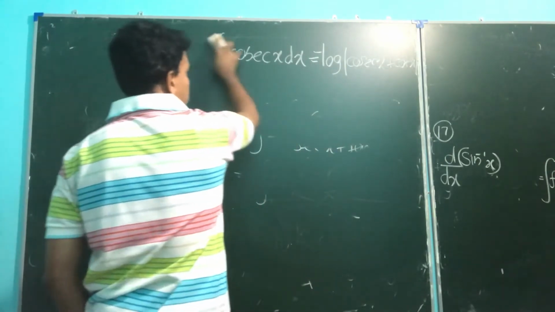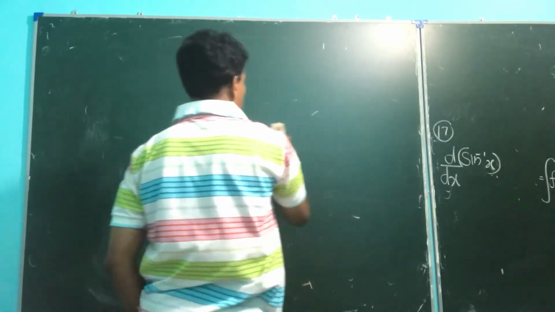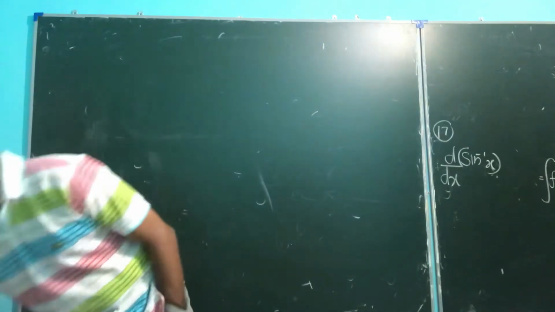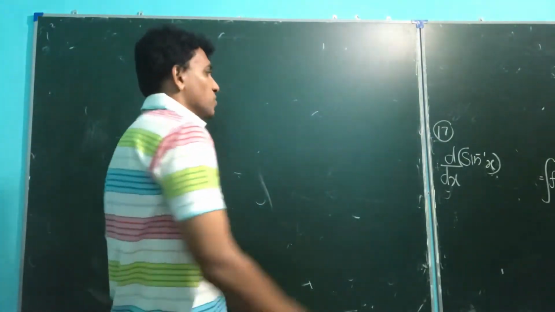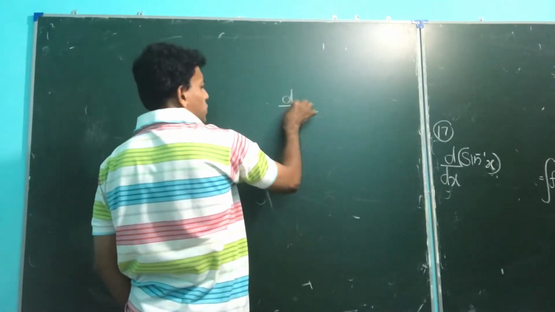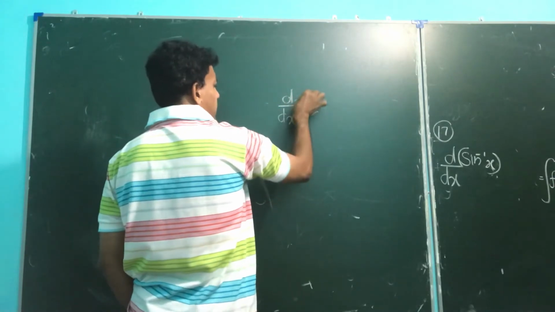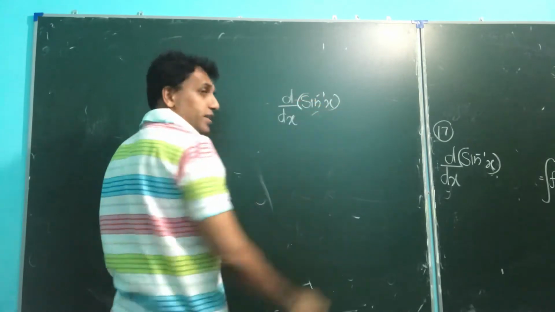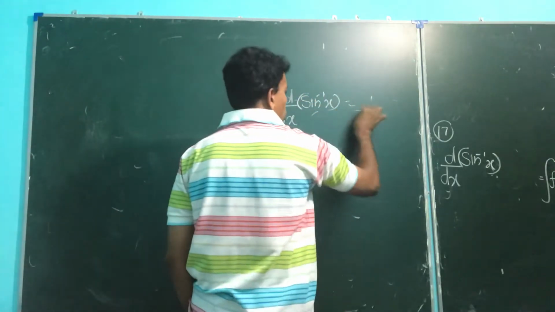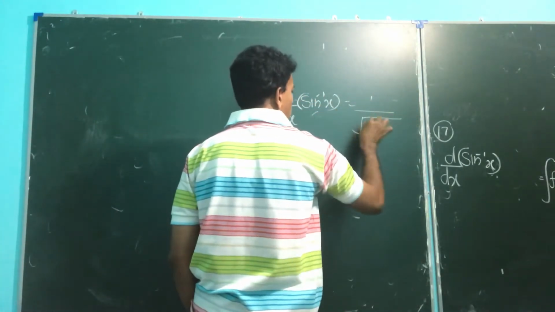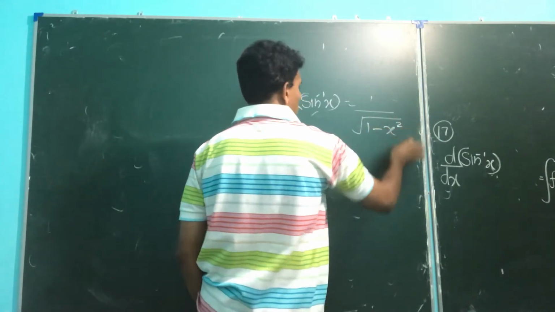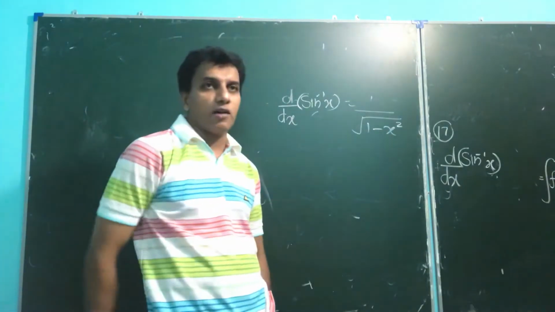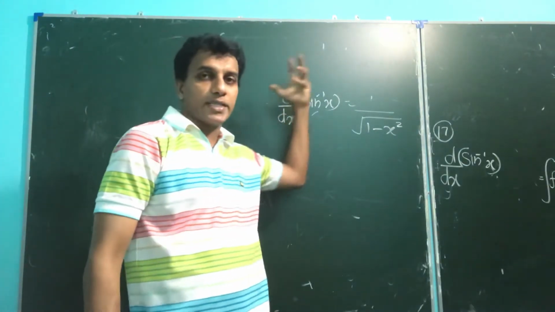So what is the differentiation of sine inverse x? d over dx of sine inverse x is 1 over square root of 1 minus x square. Then what is the integral part? The reverse, the converse of that. Therefore, if you differentiate this one, the answer is that.